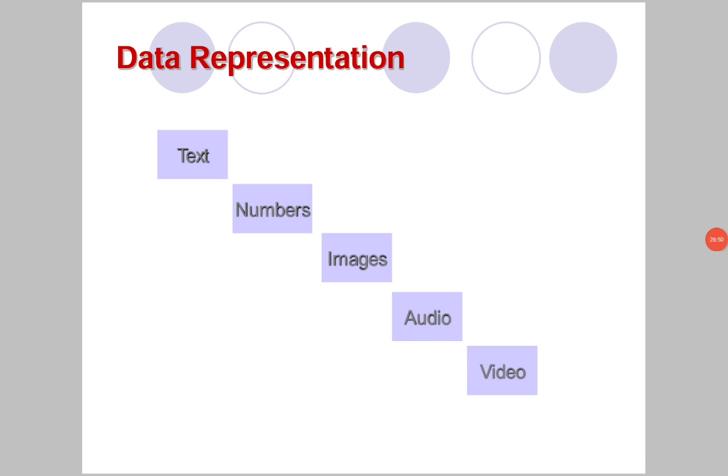Data representation means which type of data or information is generally used to communicate between two or more users, like text data, numeric data, images, graphics, audio, video.